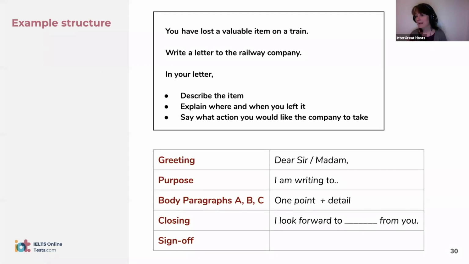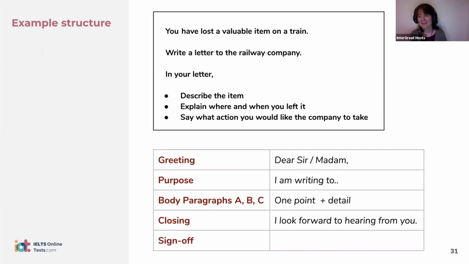Then we have this general end sentence. It will depend on the type of letter, but because you're writing here to ask for something, I look forward to hearing from you is going to be an appropriate ending. There could be other endings for other types of letters, like letters of apology, which would probably have some other kind of information.